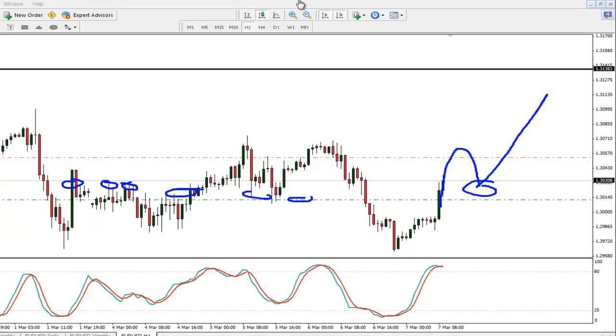All right, now 3100 is the weekly central pivot, 3106 is R2. So basically split the difference between that 3140 and that weekly central daily pivot overlap, and you're talking about 3120 as a target.